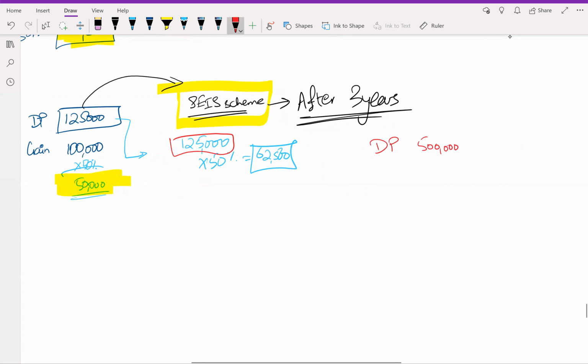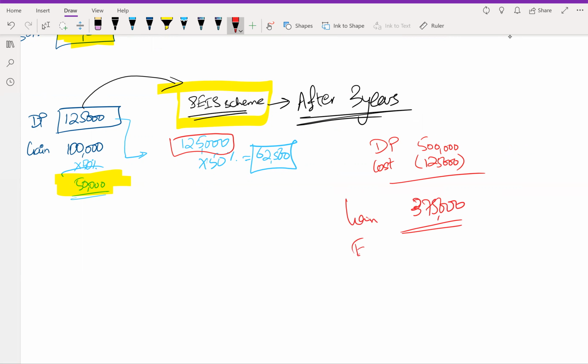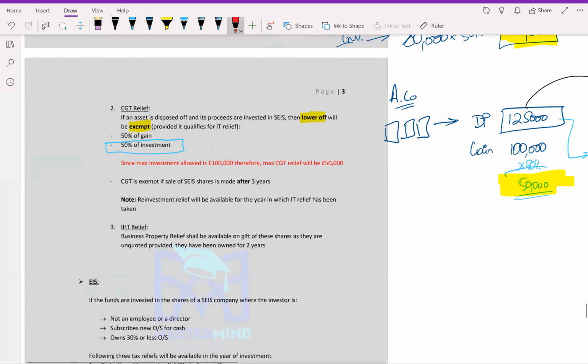So this gain will be exempt if the sale is made after 3 years.